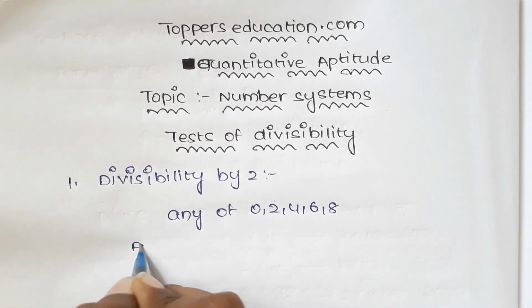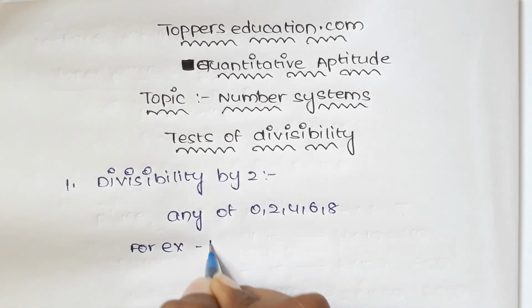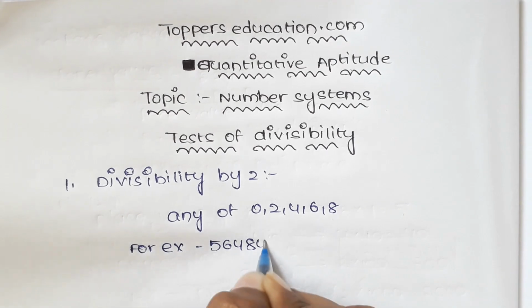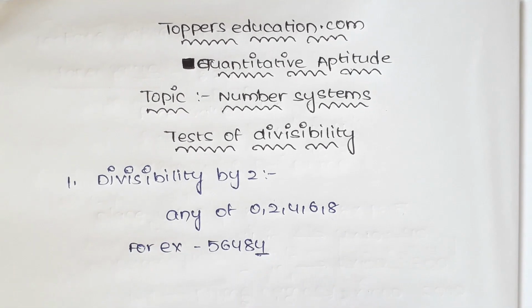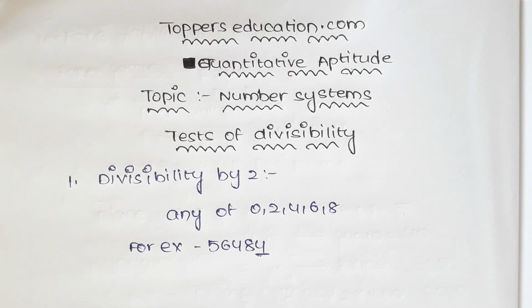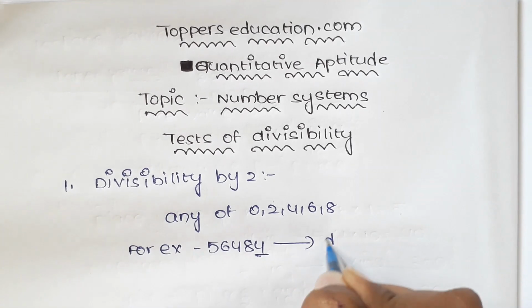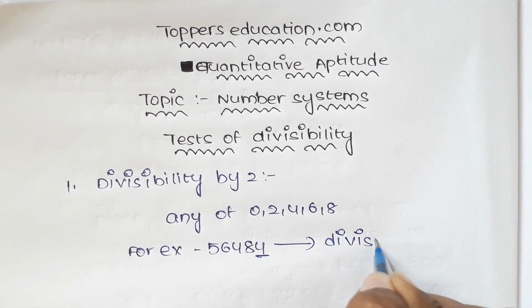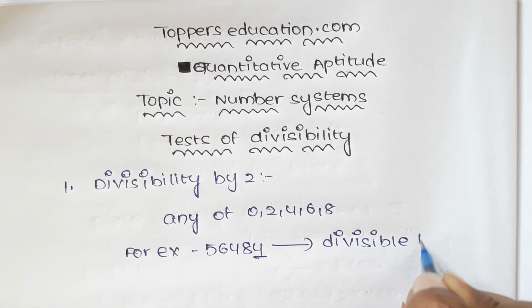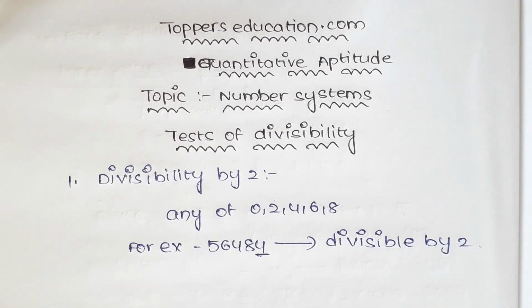For example, let us see 56484. Here in the unit place we have 4, so the given number is divisible by 2. And this is the divisibility rule of 2.